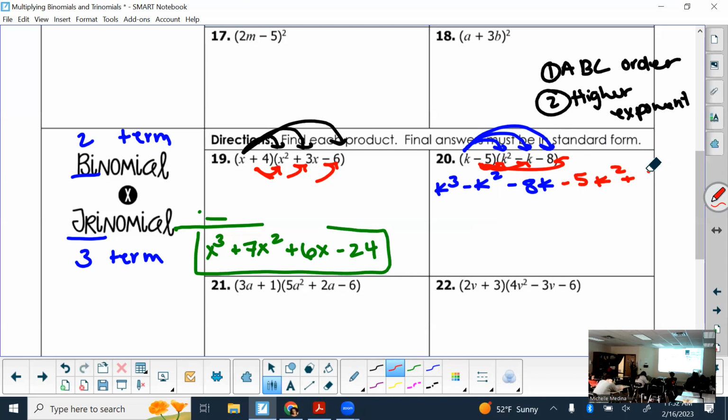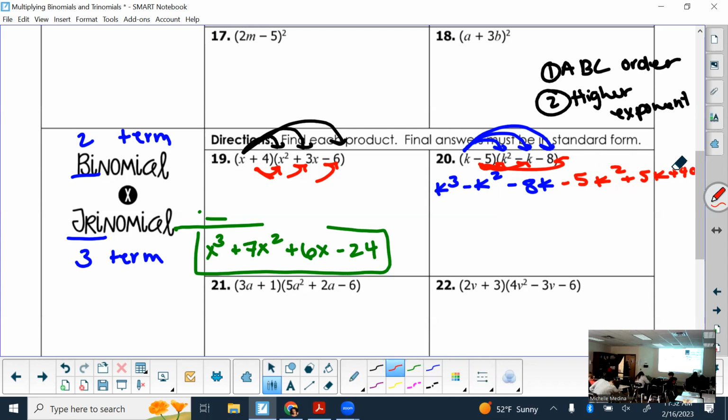So it should be a positive 5k. And then negative 5 times negative 8, table 7. Negative 5 times negative 8. Good, so then you put plus 40.